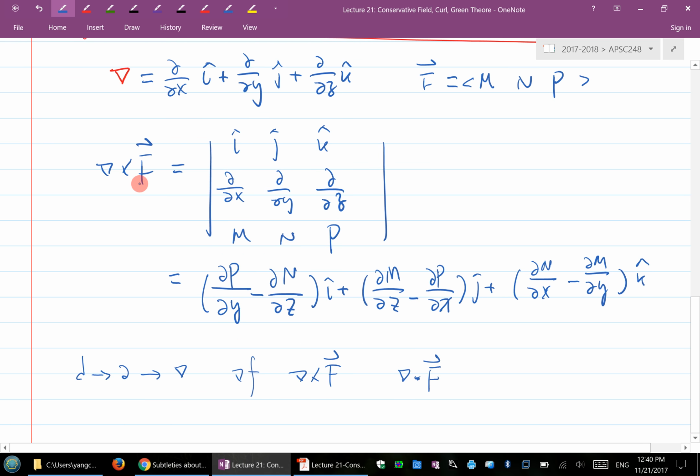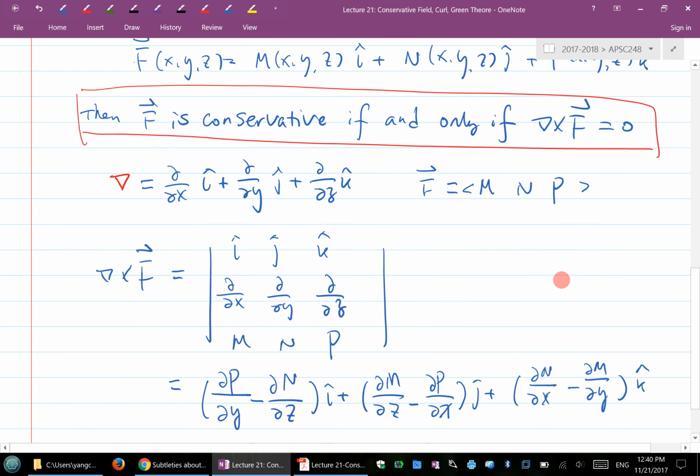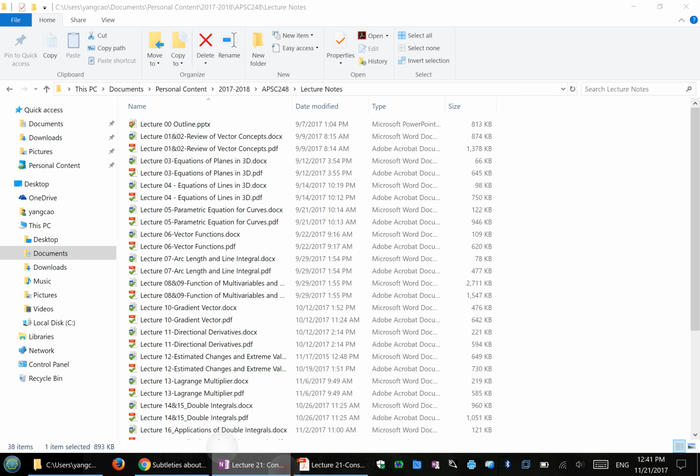So this is your del cross F. Basically, what this theorem says: if del cross F equals 0, then the vector field is a conservative field. Or the other way around, if the vector field is conservative, then del cross F must be 0.